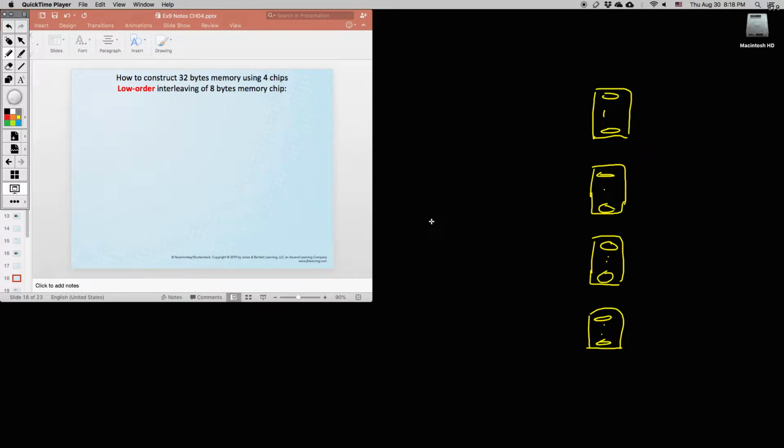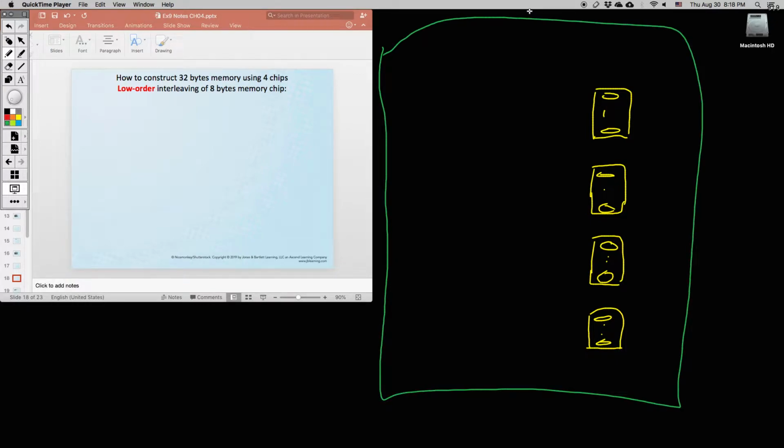Then, as a whole, the system has five address lines, so this is a 32-byte memory. Let's label them A0, A1, A2, A3, A4.